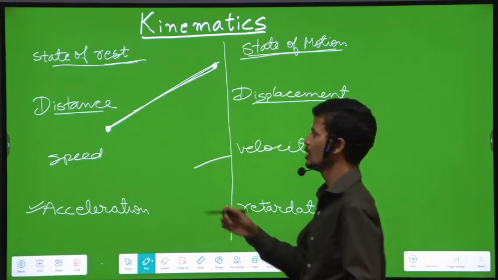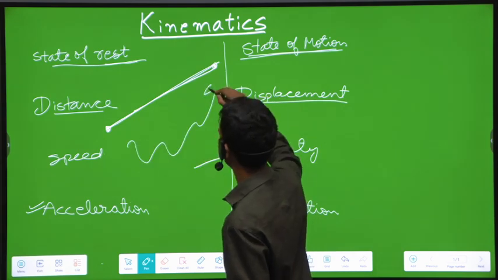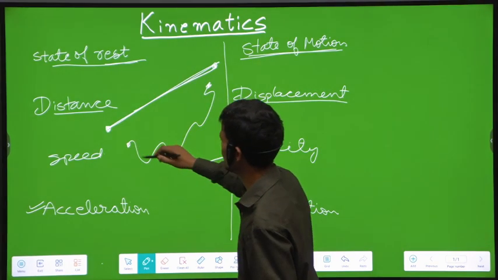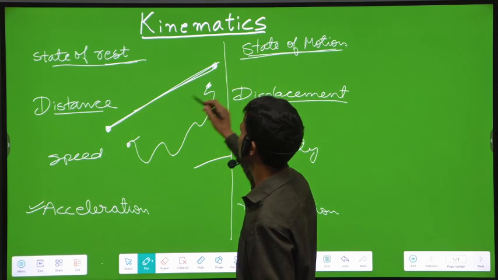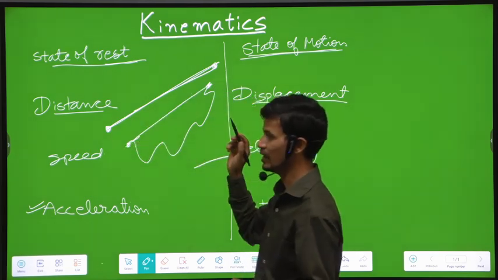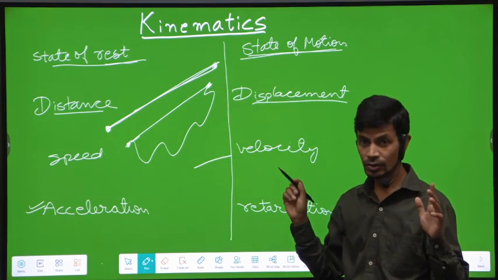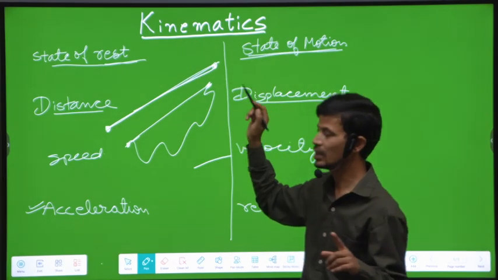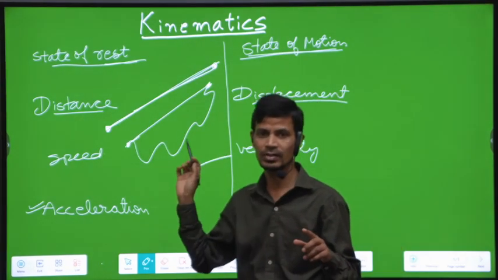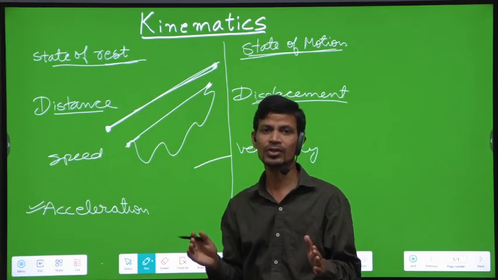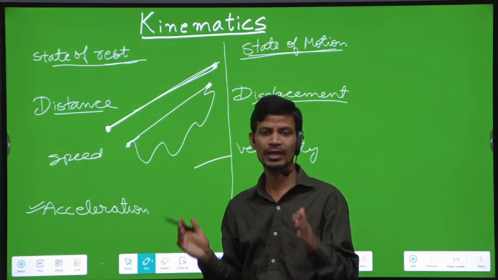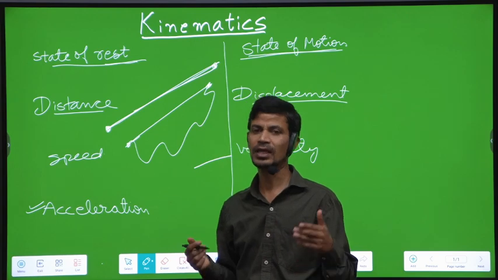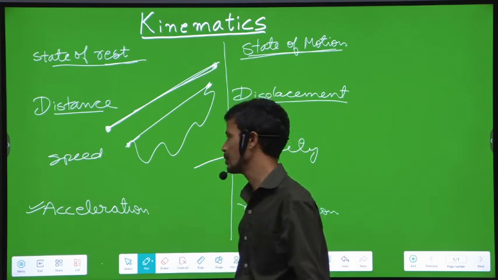No, it's not like that, because if the path is irregular, then distance is different and displacement is also different. But remember one thing, if the path is straight, it doesn't mean that distance is equal to displacement. Only the magnitude of displacement is equal to distance, because displacement can be negative also.